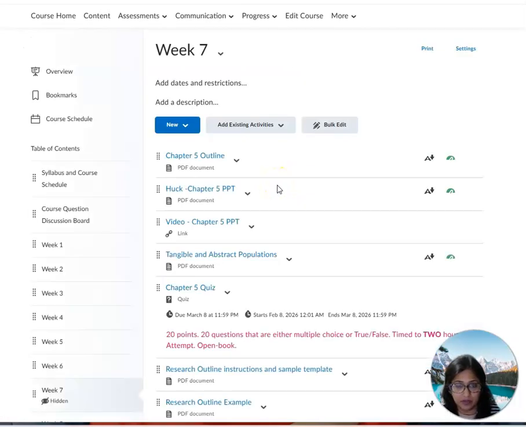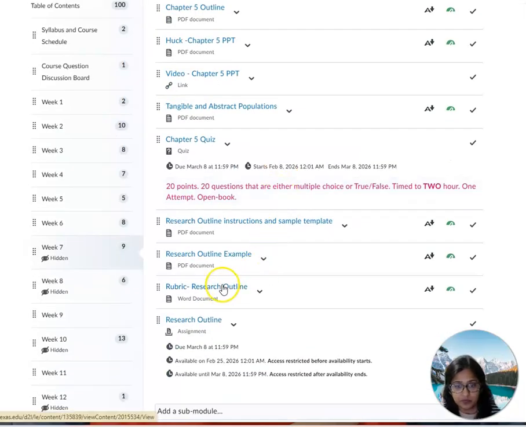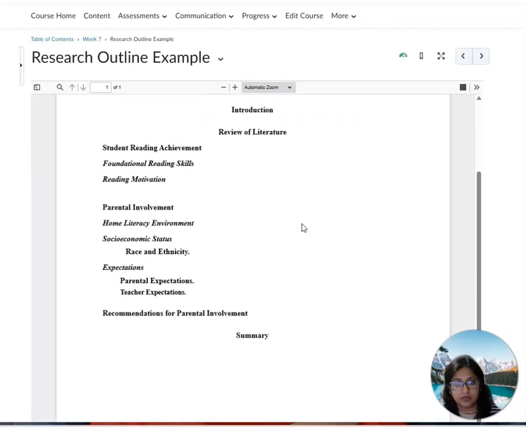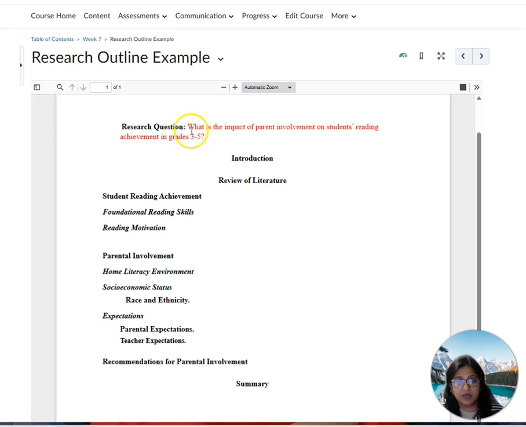So let me show you the sample that I have. Okay, so here's my research question. I have an introduction, I have a review of literature. This was my first level 2 heading. Within the level 2 heading, I had two level 3s.